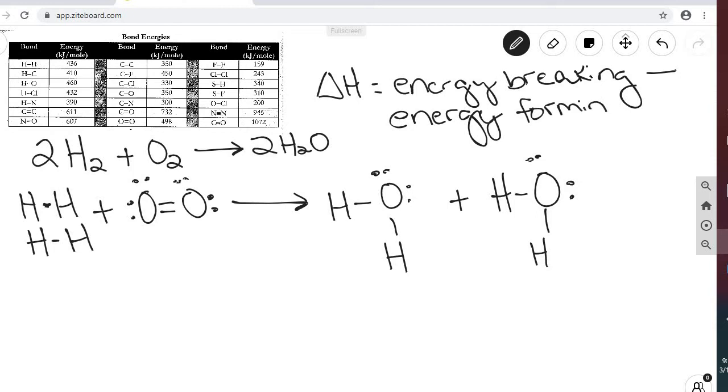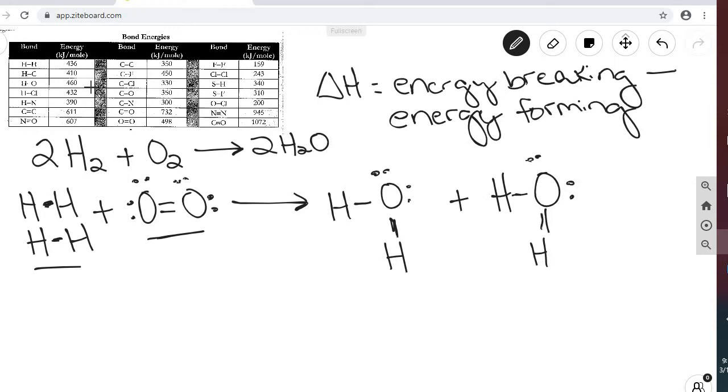In other words, we're going to take the energy required to break these bonds between the hydrogens and to break this double oxygen bond, and we're going to subtract from that the energy that is required to form these hydrogen-oxygen bonds that exist in water.